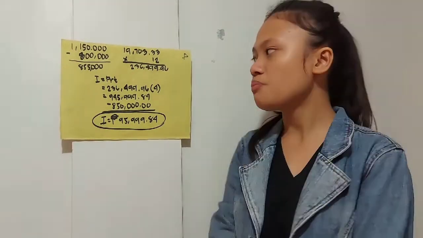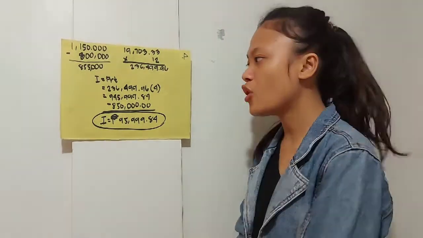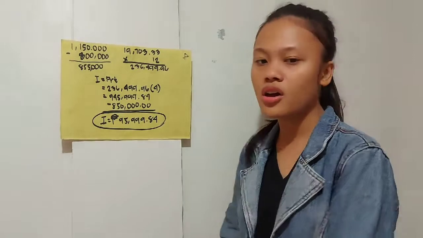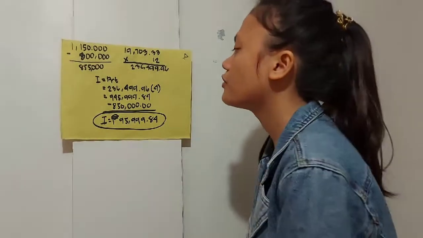Now we can move on to our formula. I is equal to P times R times T, which is the formula that we need to get the finance charge on April 5.